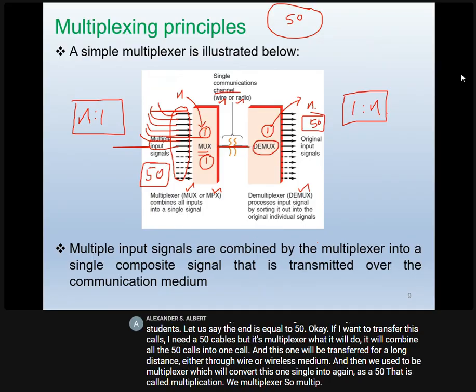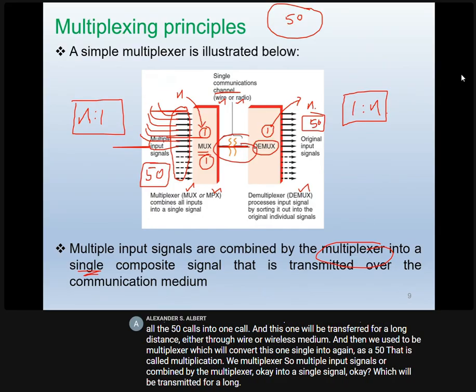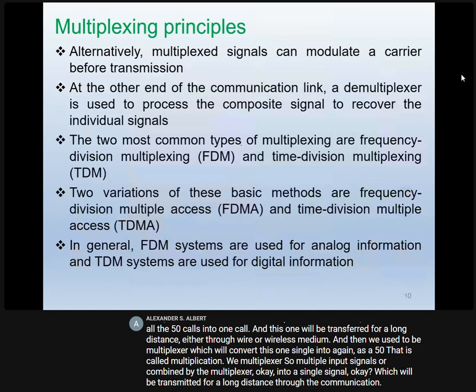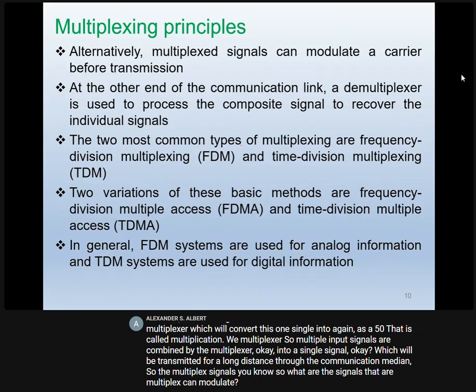So multiple input signals are combined by the multiplexer into a single signal, which will be transmitted over a long distance through the communication medium. The multiplexed signals can modulate a carrier before transmission, as we have discussed.